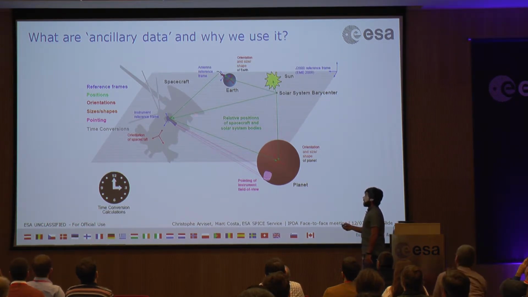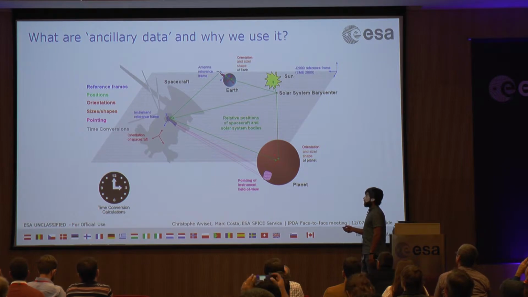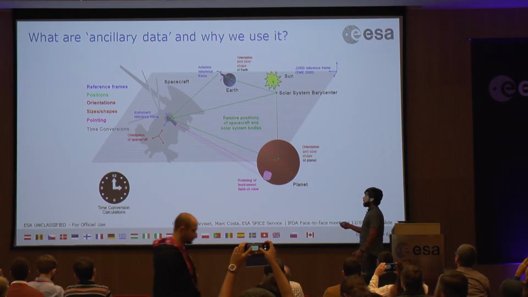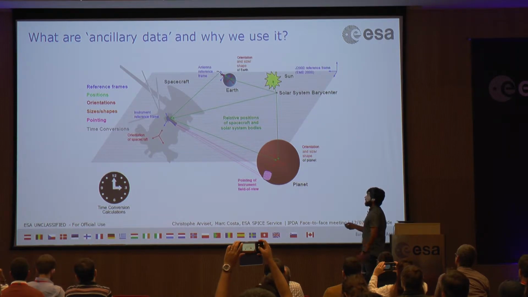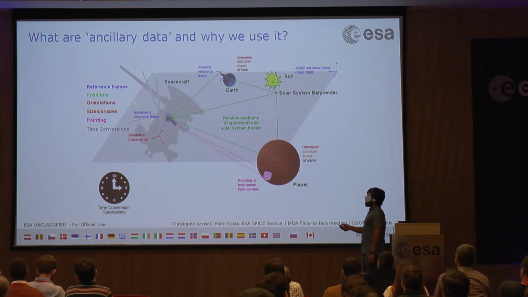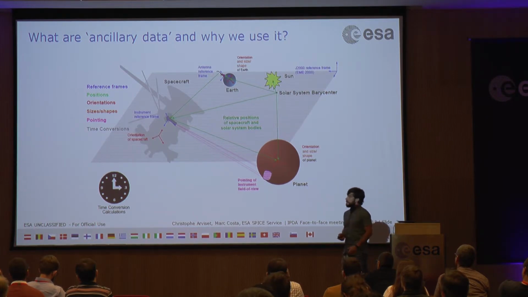We've got the orientation, size and shape of a planet. We've got the same thing for a spacecraft. We've got models for the field of view of a given sensor in the spacecraft. We've got reference frames for the antennas on the Earth. So we build up on those blocks: reference frames, positions, orientation, size, shapes, pointing information, time conversions, and we get the overall picture, right?